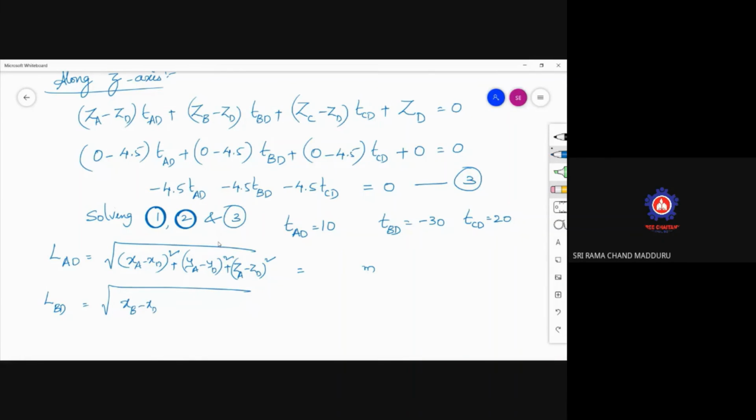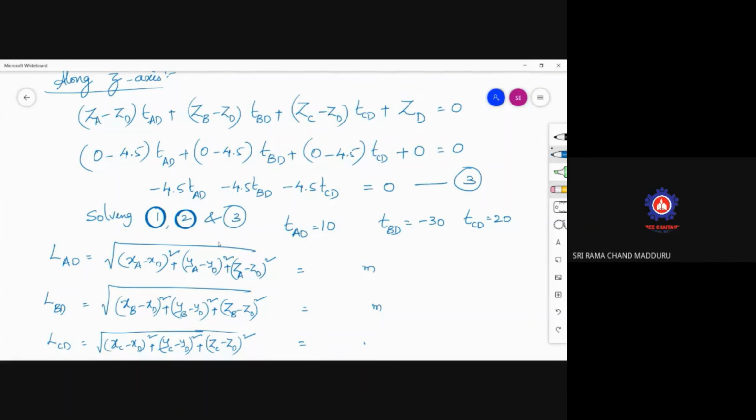XB minus XD whole square plus YB minus YD whole square plus ZB minus ZD whole square. Similarly, LCD, square root of XC minus XD whole square plus YC minus YD whole square plus ZC minus ZD whole square.